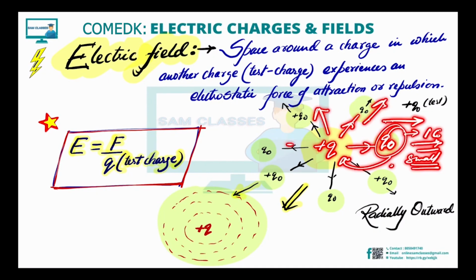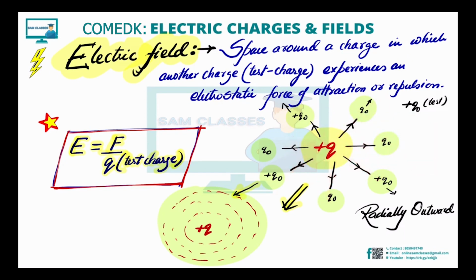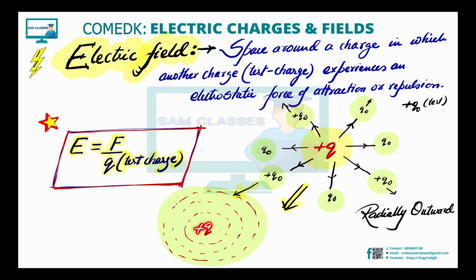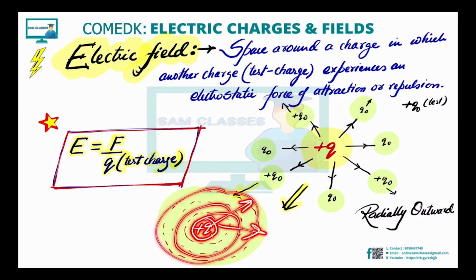That's why the electric field for a positive charge is radially outward. The reason is that when you bring a positive charge, a positive charge is already there at the center, so it will push it outside. So for each point, from whichever direction you bring it, the force will be radially outward. For a positive charge, this is the electric field.